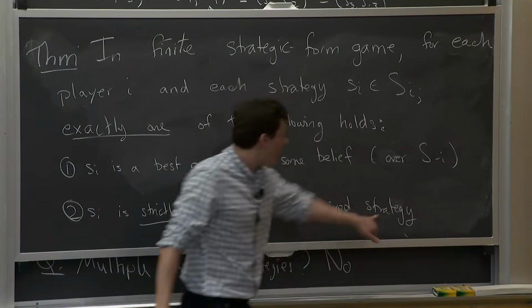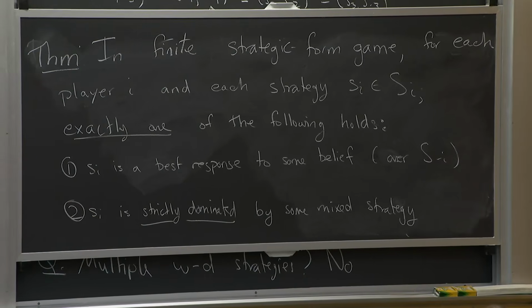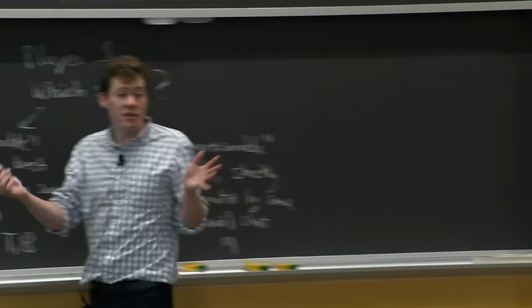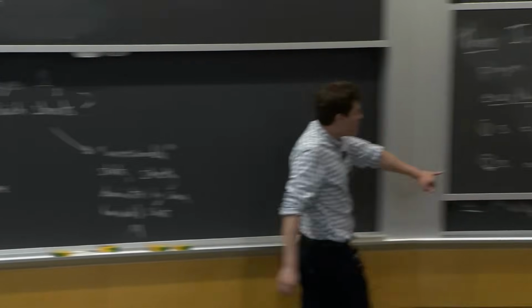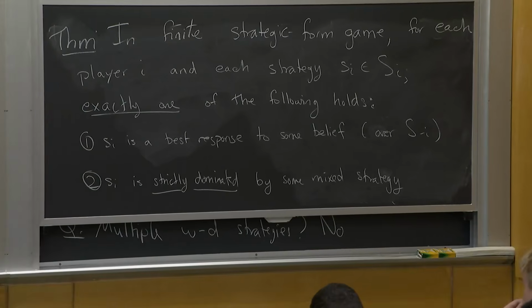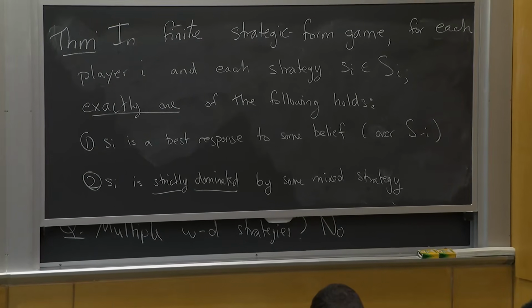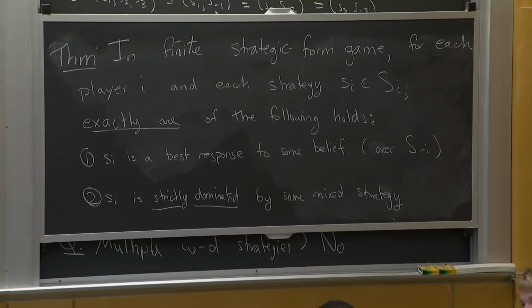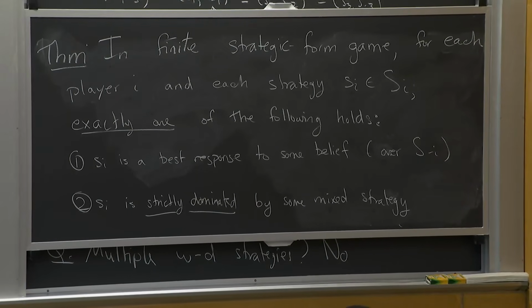And of course, when I say strategy, that has to be a strategy of player i, because player i compares two different strategies when they look at strict dominance. But wait a second, I said s_i is strictly dominated by some mixed strategy. What about pure strategies? Am I including those? Why? Like, for example, here we have the coin flip. You could just say 100% going to be heads. Exactly right.